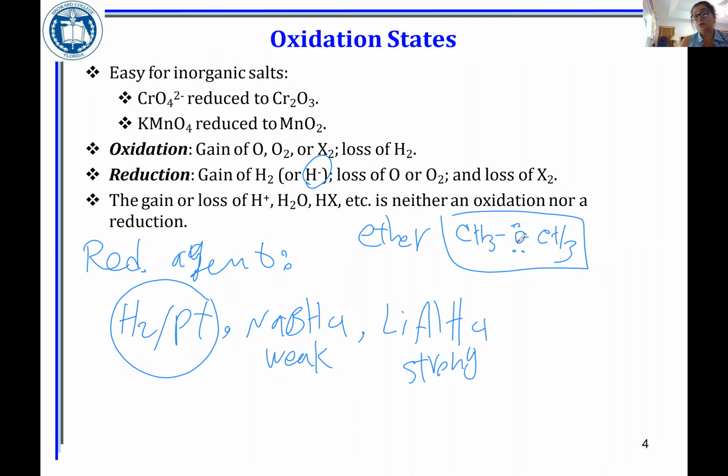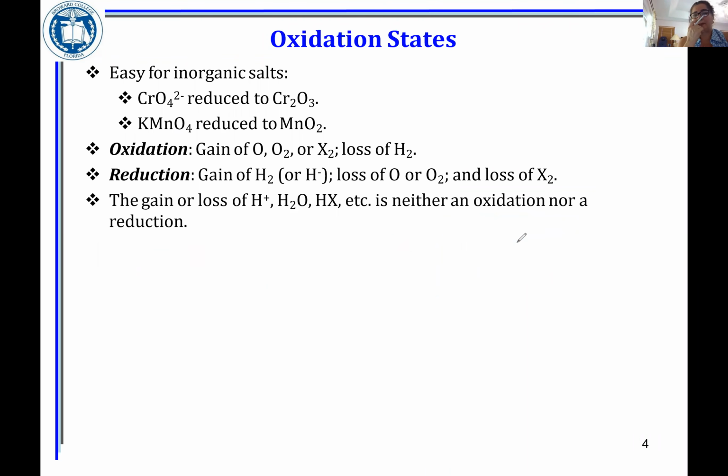In order to learn about oxidation and reduction reactions, you need to know the oxidizing agents, because if you don't know the agent, how are you going to change the alcohol to carboxylic acid, or change it to the aldehyde or ketone?